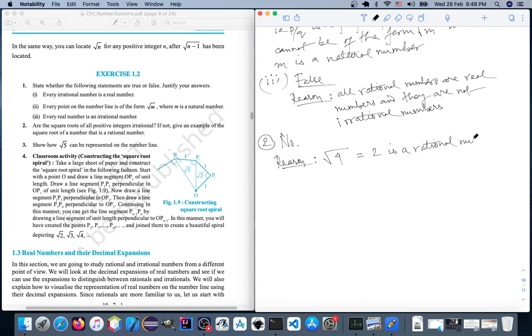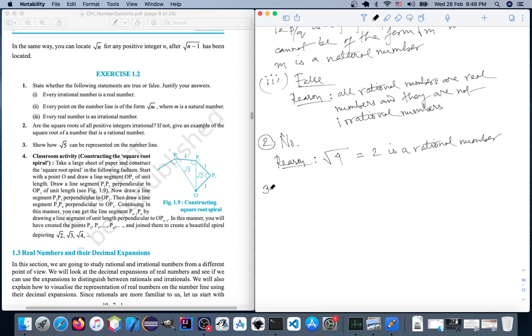It is asking whether the square root of all positive integers are irrational or not. The answer is no. We are giving an example that 4 is a positive integer, and if we take square root of 4, it is 2, and 2 is a rational number and not an irrational number. So it proves that the square roots of all positive integers are not irrational.